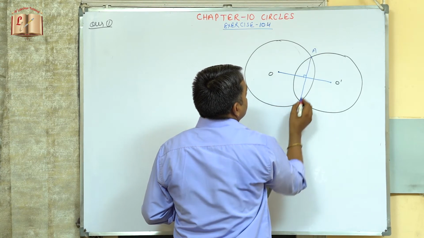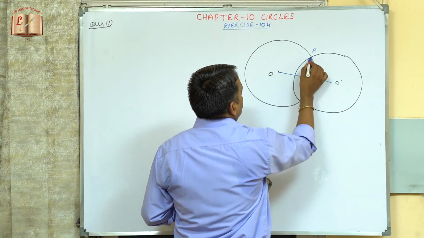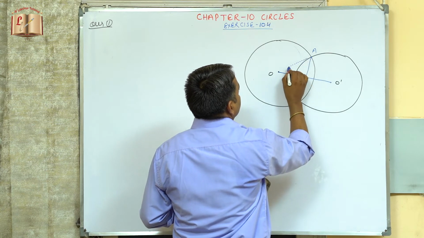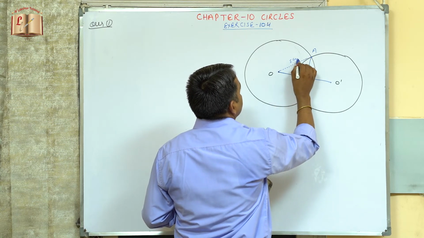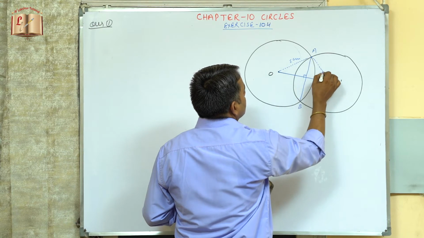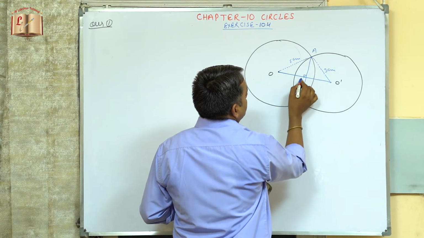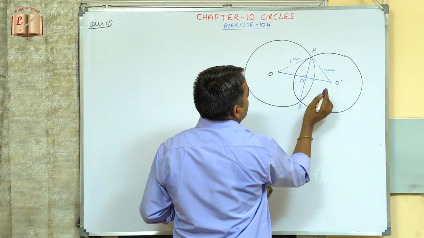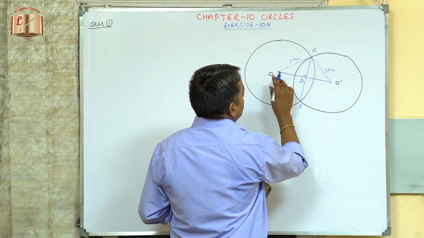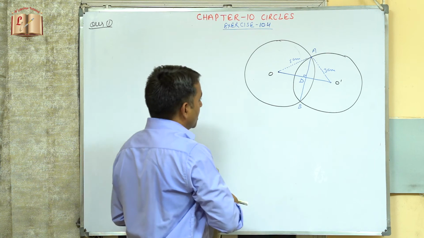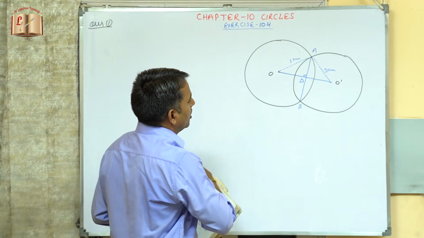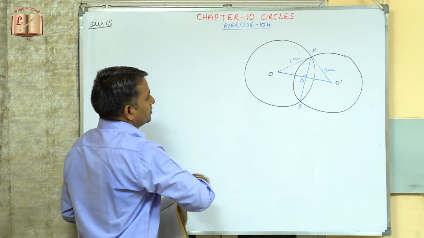Suppose I have taken this A, this is now B, and if we join, so this will be 5 centimeters, and if we join this, so this will be 3 centimeters. It is given to us. Suppose if we take this point as D, so this O dash D, it is already given to us. We need to find out the length of AB.